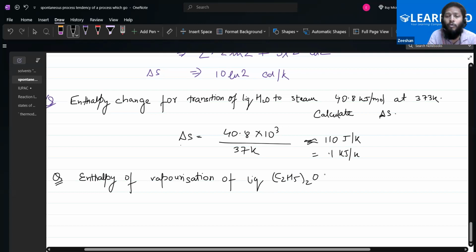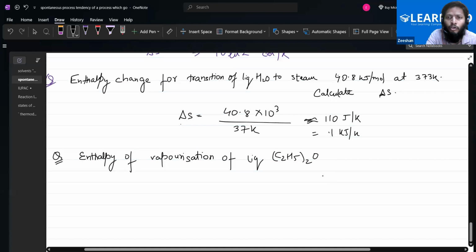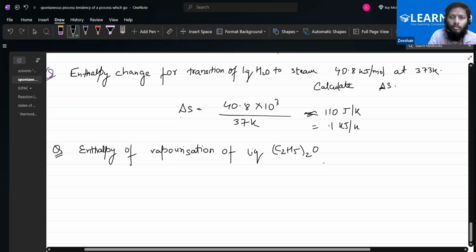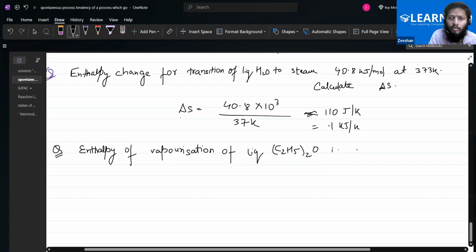Kindly write down the question also, because if you do not write the question, then later on when you see your notes, you will only see the solution, and with no question you cannot relate it to what you have done exactly. So in this question, the enthalpy of vaporization of this liquid is given.